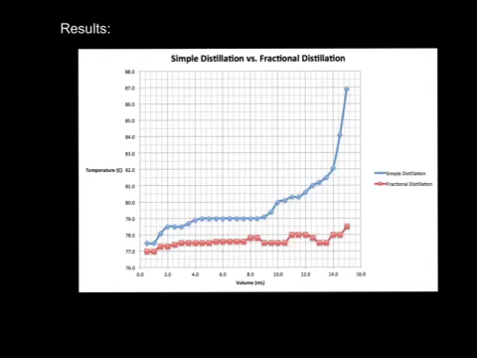From the graphs, the student compared the results from simple and fractional distillation. In the graph, simple distillation is highlighted in blue, while fractional distillation is highlighted in red. Comparing the two, fractional distillation was efficiently better at separating ethanol from water. Fractional distillation had a better consistency, keeping the temperature around the boiling point for ethanol, around 77 to 78 Celsius.